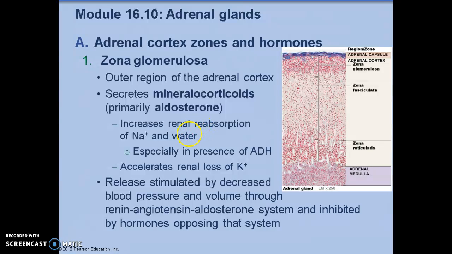This means that more water must be retained, and in order to retain more water, the kidneys retain more salt. The water follows the salt and is retained. This is a whole system called the renin-angiotensin-aldosterone system, and it is inhibited by hormones opposing that system.